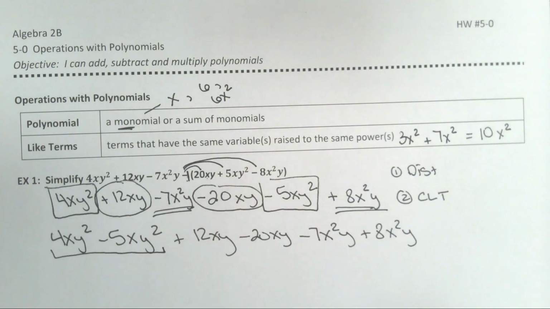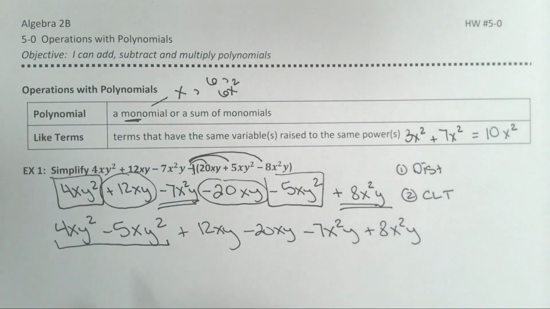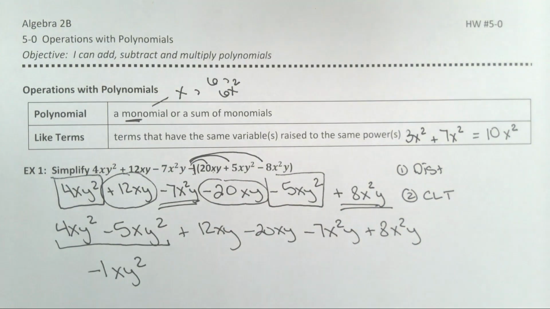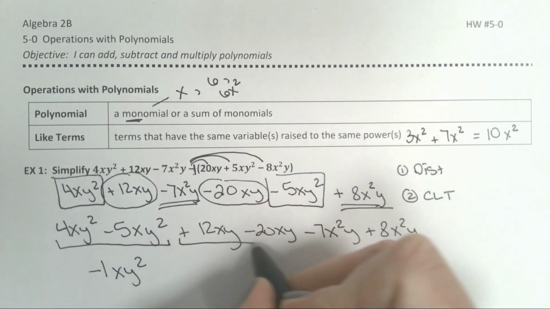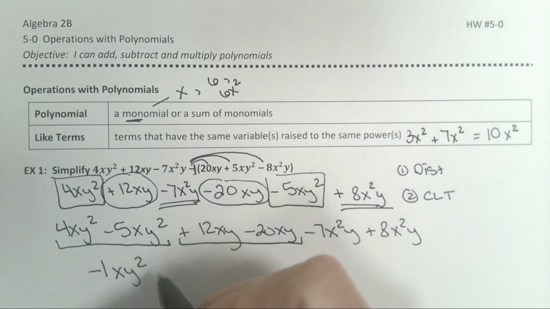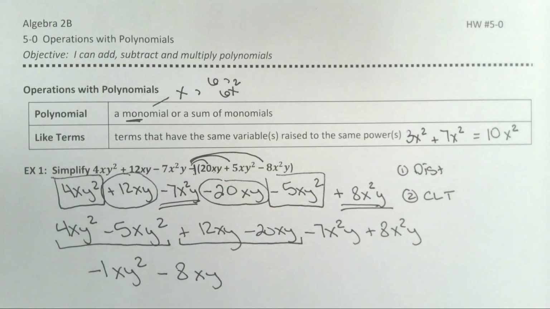So when you combine like terms, you just add the coefficients and tag on the variables. So 4 minus 5 is negative 1 xy squared. I'm going to combine these like terms. You have to remember to take the sign into account. So I have a plus 12 and a minus 20 adds up to negative 8xy.